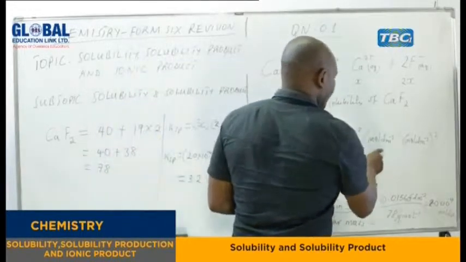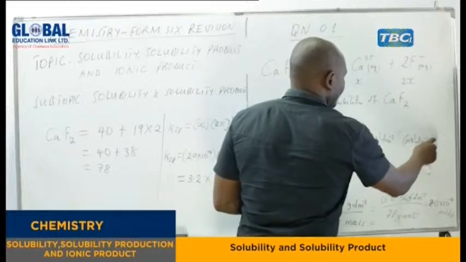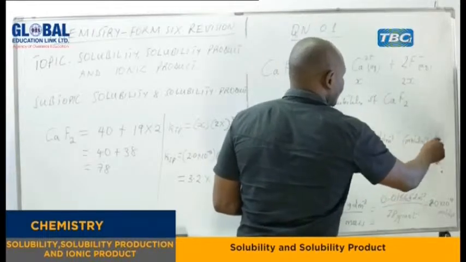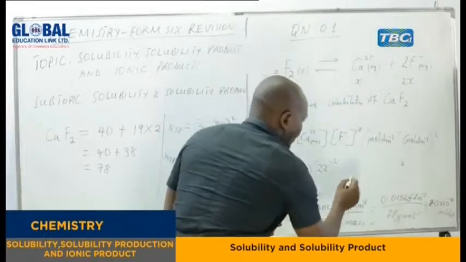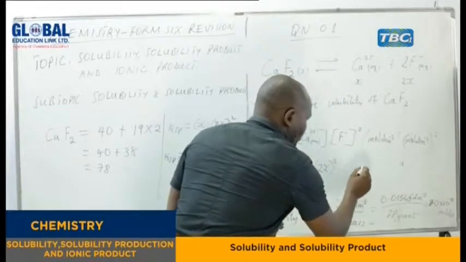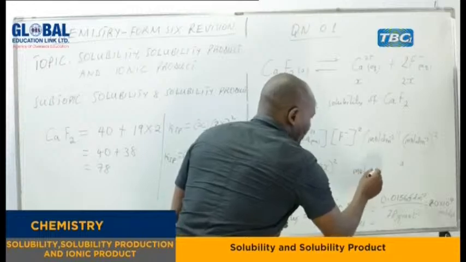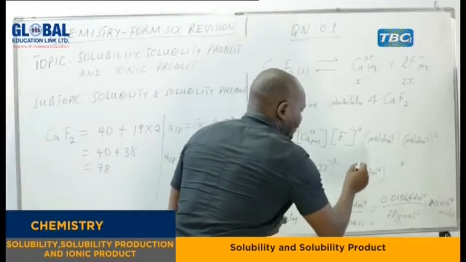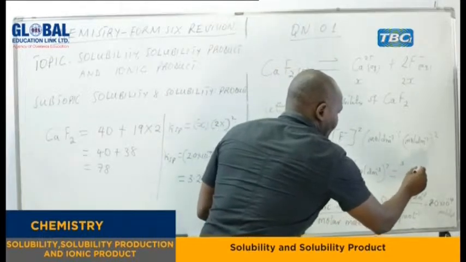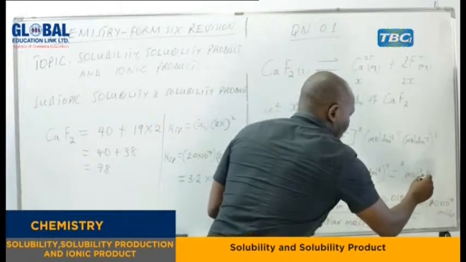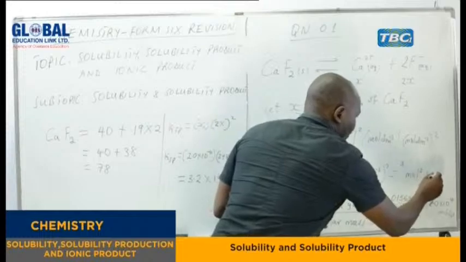So if you take this one times this one, the powers are 1 plus 2, which gives 3. So it is the same as taking moles per decimeter cubed, raised to power 3. That will give moles cubed, then decimeter to the power negative 9.